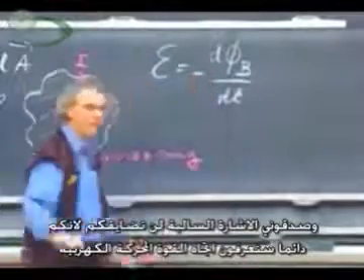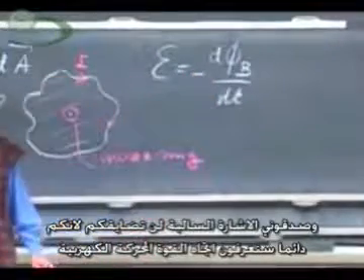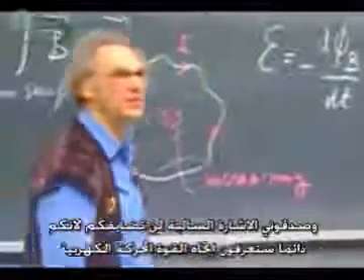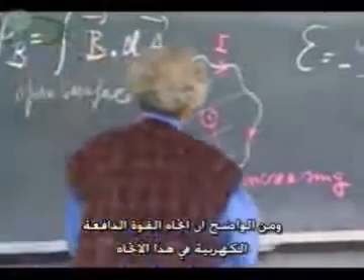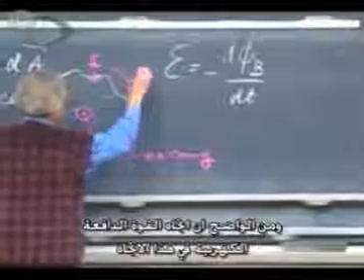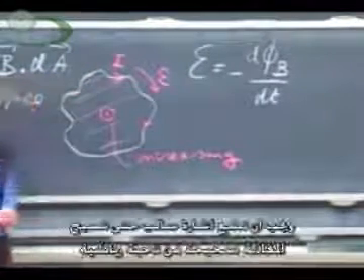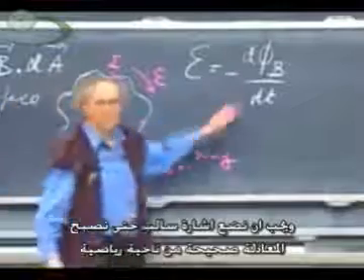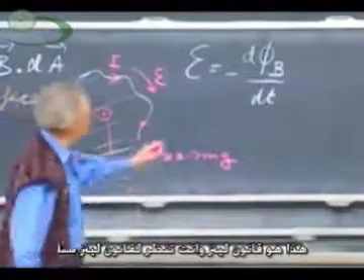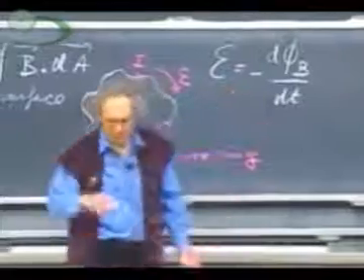That minus sign will never bother you, believe me, because you always know in which direction the EMF is. It's clear that the EMF is going to be in this direction. That's the direction in which it will make the current flow. But we have to put it there to be mathematically correct. That's really Lenz's law. You're looking at Lenz's law here.